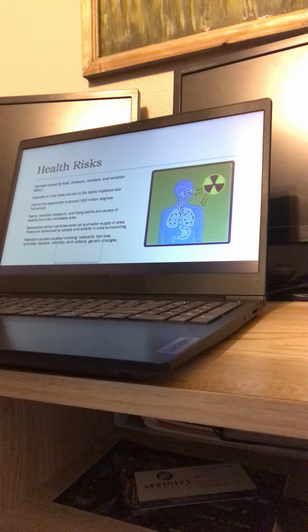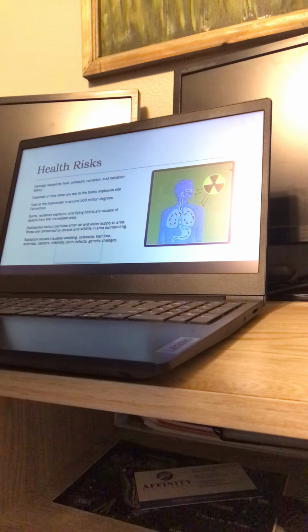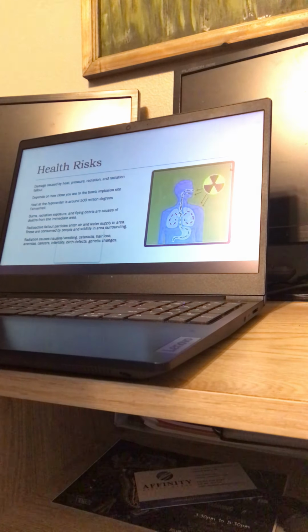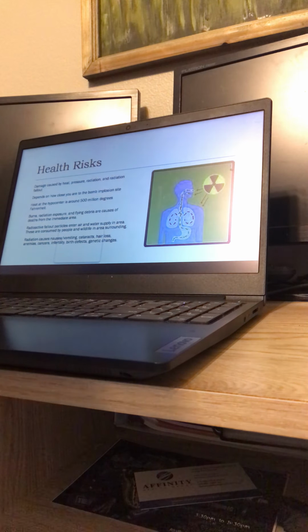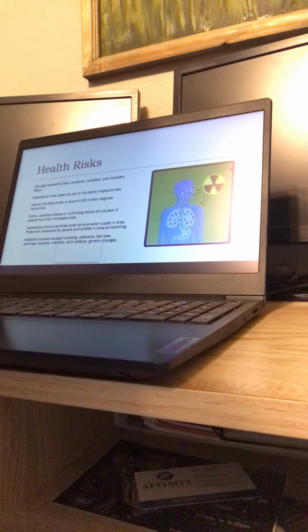So, some of the health risks that can be associated with nuclear bombs, number one, just the damage created from the bomb exploding causes heat, pressure, radiation, and then the radiation fallout. So basically, if you're right on top of where the bomb is exploding, nothing's going to be left anymore, because you're disintegrated by the heat and the pressure and everything.